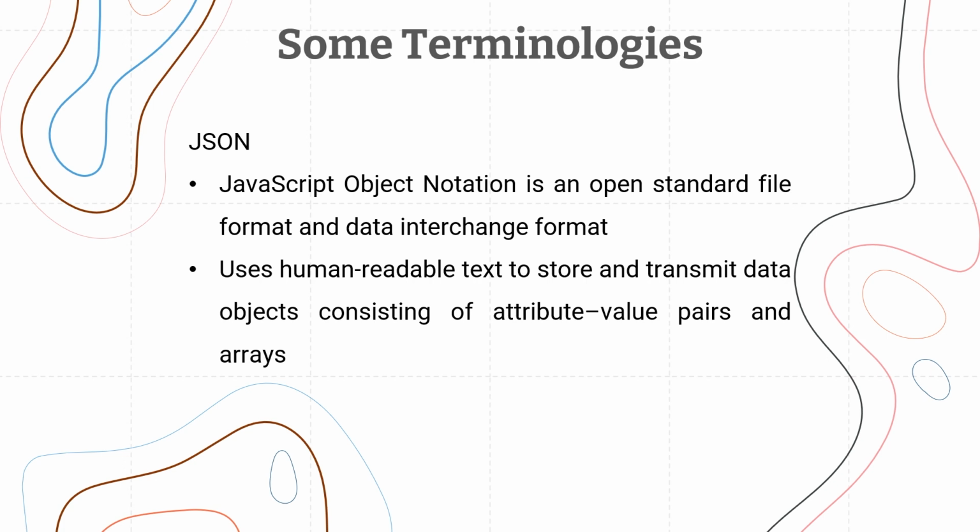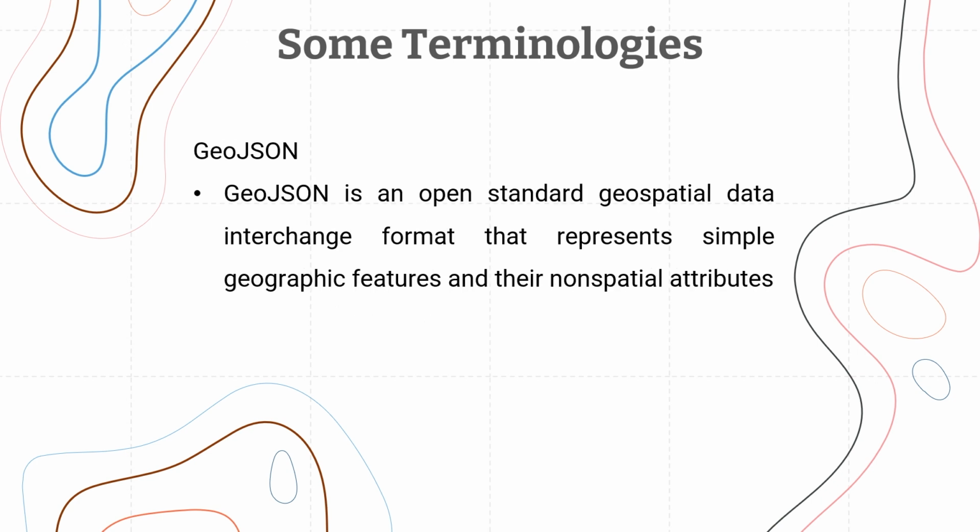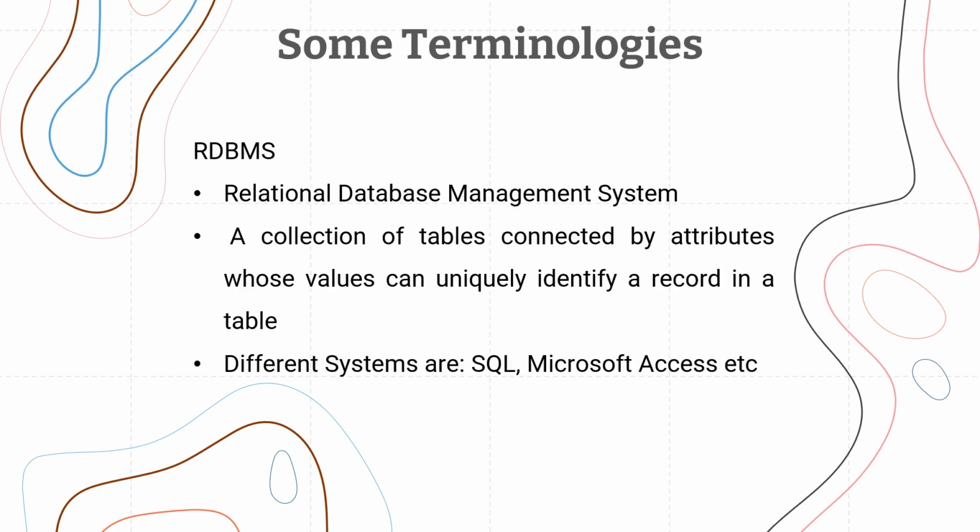First, let's talk about JSON. It is JavaScript object notation, which is a standard file format using human readable text to store and transmit data object consisting of attribute value pairs. Next, if we talk about GeoJSON, GeoJSON is an open standard geospatial data interchange format representing geographic features and their non-spatial attributes.